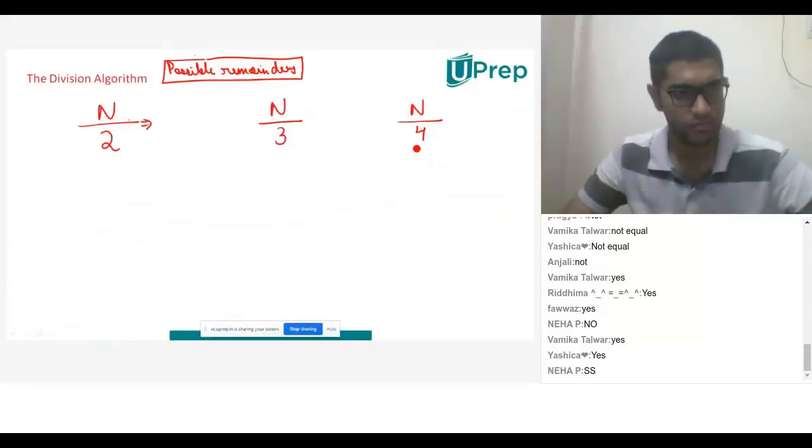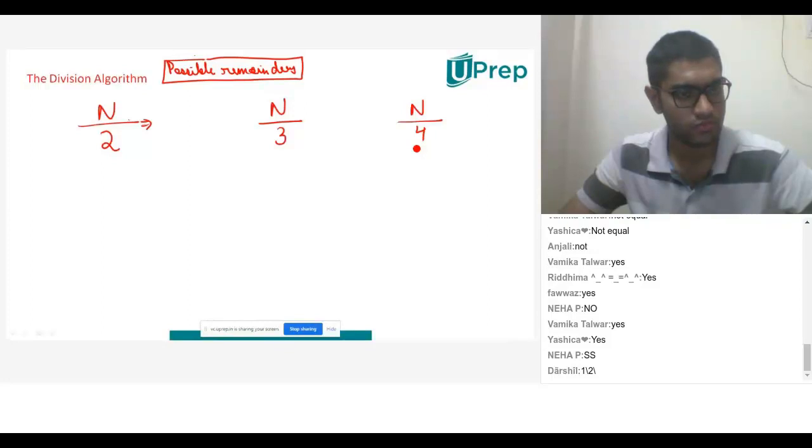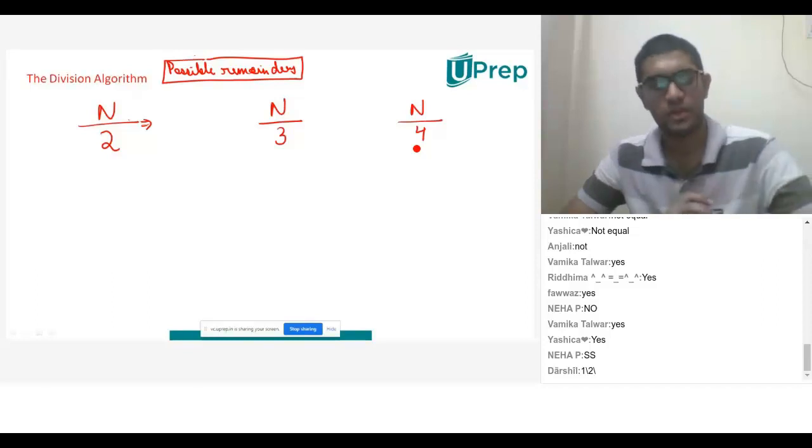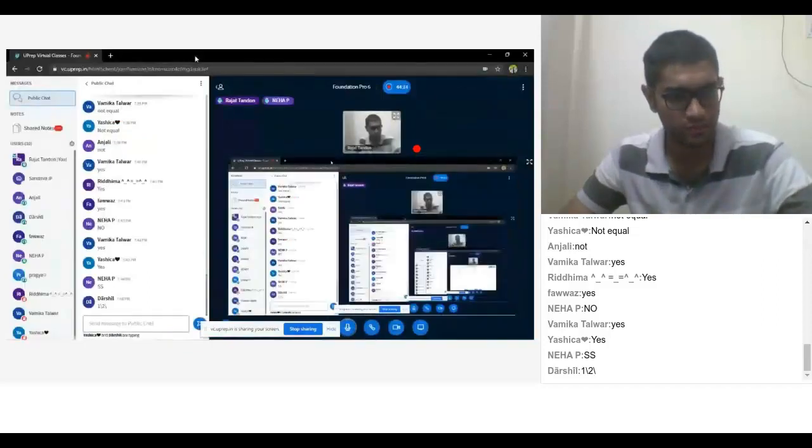The possibility of remainder in 2 are 1. The possible. 1, okay. With 3? Anyone with any answers?